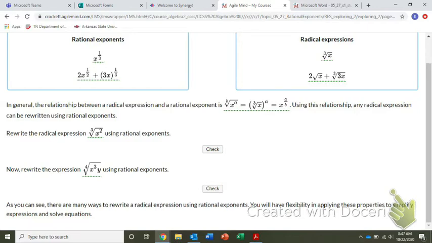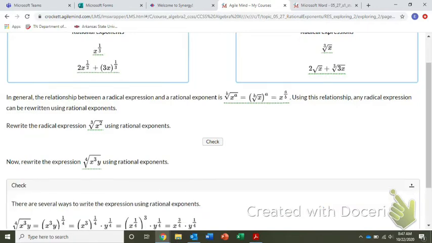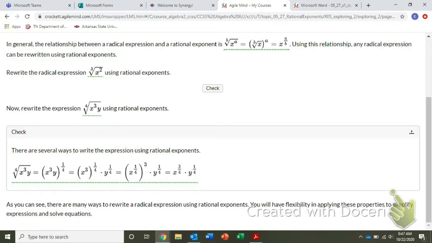Go ahead and click check, and it will show you. So we started here. Then we moved to the rational exponent. Then we broke it down.